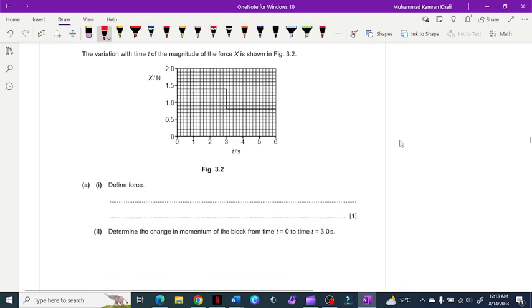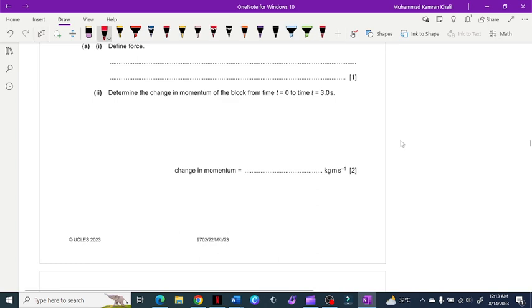So in this diagram we can see that. Define force. It's a very simple definition: rate of change of momentum is called force.